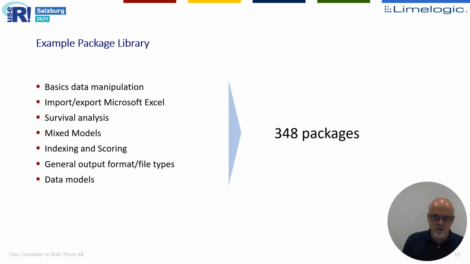This is a life science organization. It's a single therapeutic area, and it uses R for primary and secondary analysis of clinical trial data. They're not doing anything exceptional, they're not doing any advanced statistics, but they still have 348 packages to validate. And that is a bit of a challenge if you think that you have to rerun the validation of all those 348 packages every time you recreate R batch. But we can turn to R to simplify that.